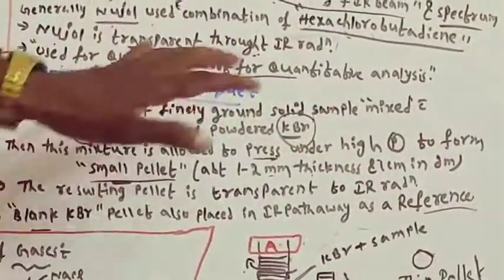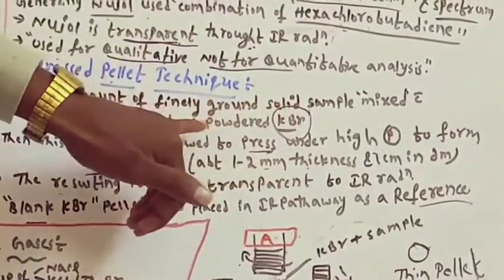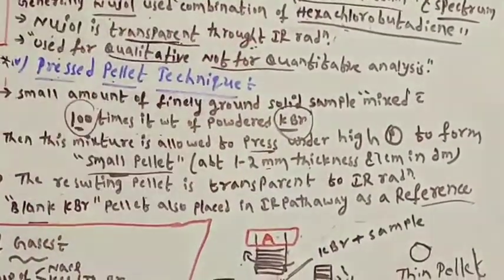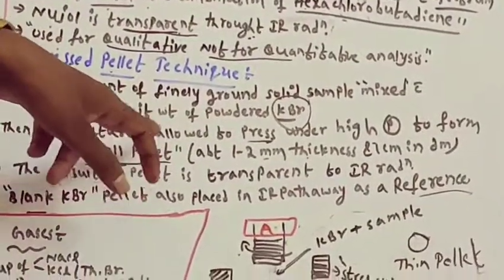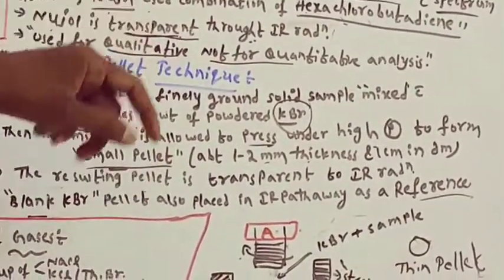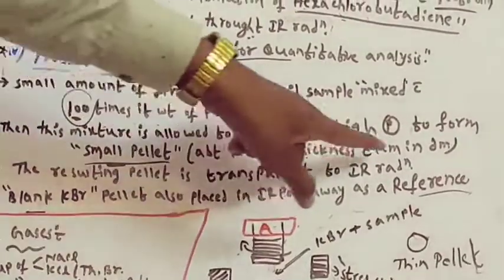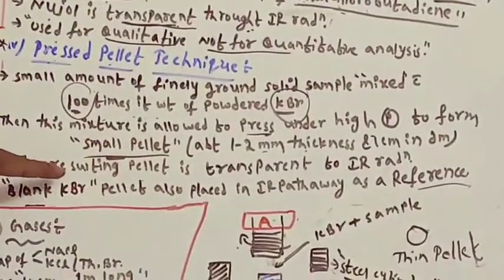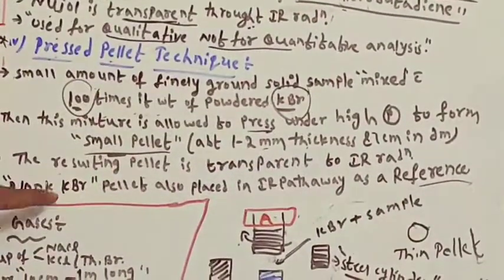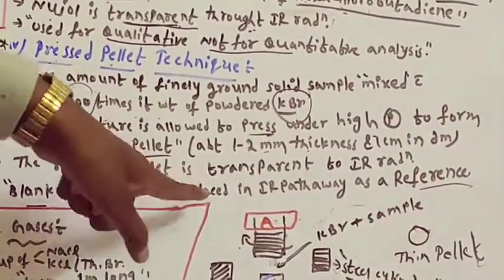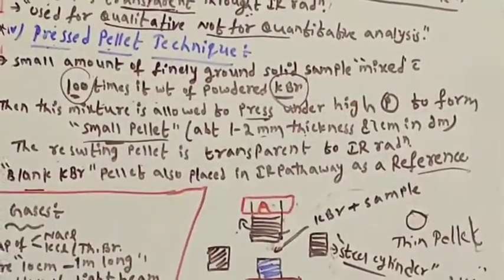This is the process. The sample is mixed with 100 times its weight of powdered KBr, then pressed under high pressure to form a pellet about 1 to 2 mm thick and 1 centimeter in diameter, which is transparent to the IR radiation. The blank KBr pellet is also placed in the IR pathway as a reference.